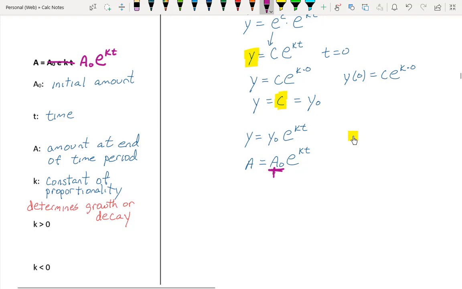So a sub 0 is positive, this is positive. So even if k turns out to be negative, all of this still is a positive value. But what you end up with is, if k is negative, you end up with exponential decay. And if k is positive, you end up with exponential growth.